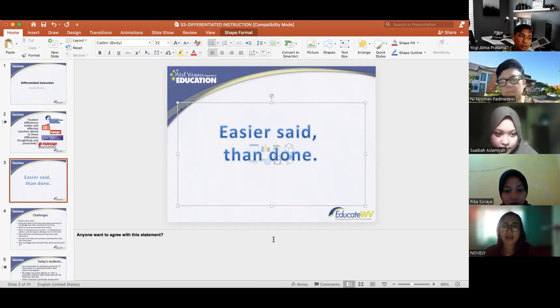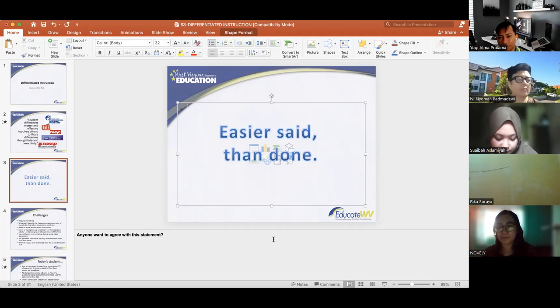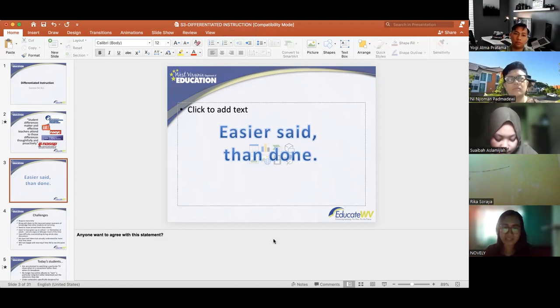And I ever taught in a bigger class too, in a private school, that consists of more than 30 students in a classroom, and that is really hard to give them different treatment, even if we really want to give them more, since they are grouped in that classroom not based on their skill but based on their age.